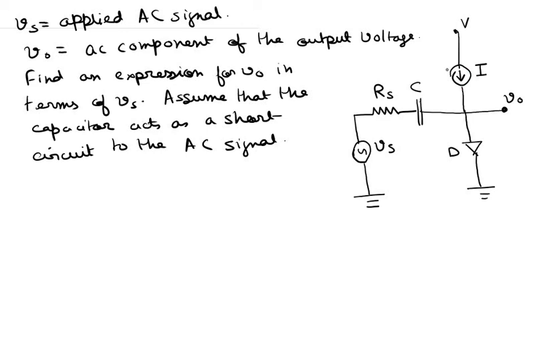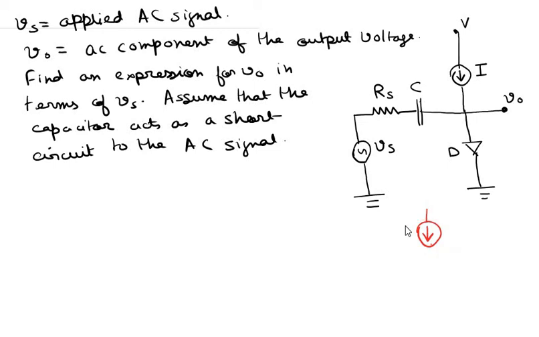Independent current sources are denoted by this symbol. There is a circle and there is an arrow indicating the direction of flow of current. So this is the symbol of an independent current source. This block gives the same amount of current irrespective of the voltage drop between its ends.